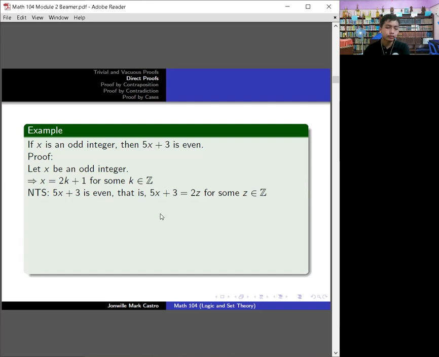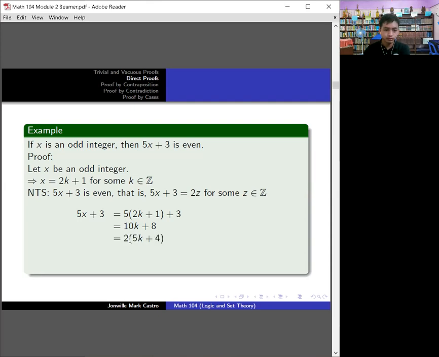Okay? So si 5x plus 3, since ang assumption natin si x ay odd, si x maisusulat natin siya sa form na 2k plus 1. So we have 5 times the quantity 2k plus 1, plus 3. Then distribute, so magiging 10k plus 5 plus 3, which is 10k plus 8. Then magpa-factor out tayo ng 2.